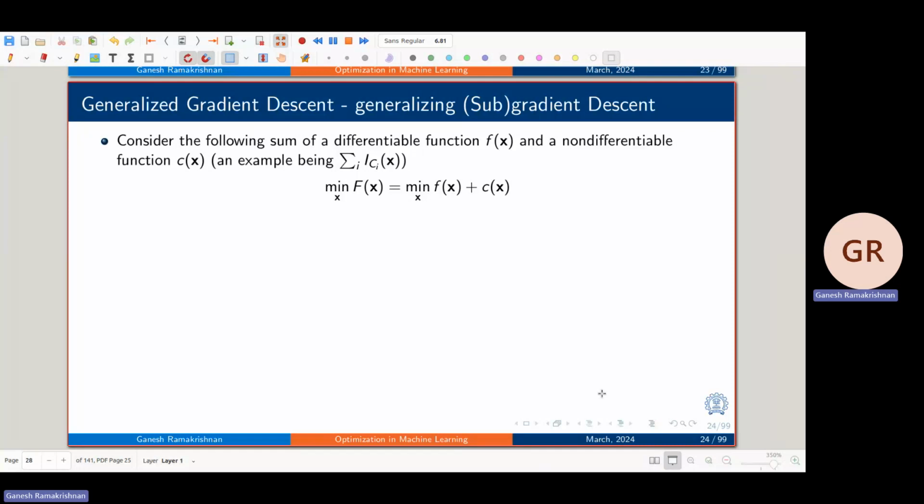Okay. So F is amenable to, say, gradients, gradient computation. F could be smooth.